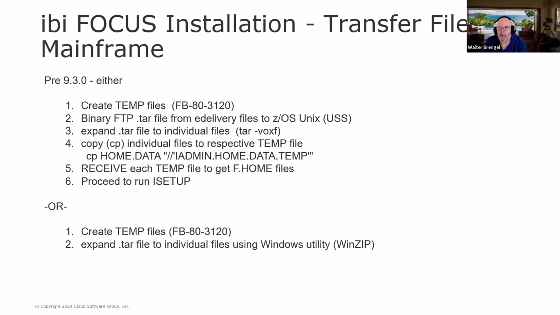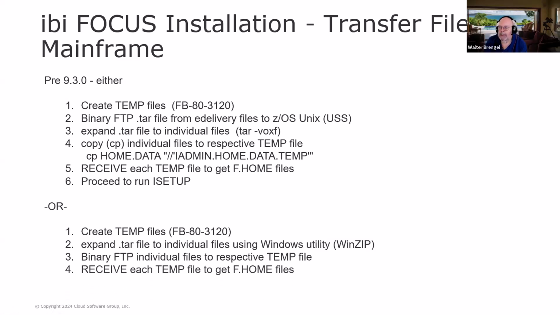The native Windows command window, not the CMD window, also has a tar feature in there. Once you have them individually expanded on your local PC, then you can binary FTP each of the individual files directly to the temp files you did in step 1. And then you receive each file to get to home, just like before, and then run iSetup.